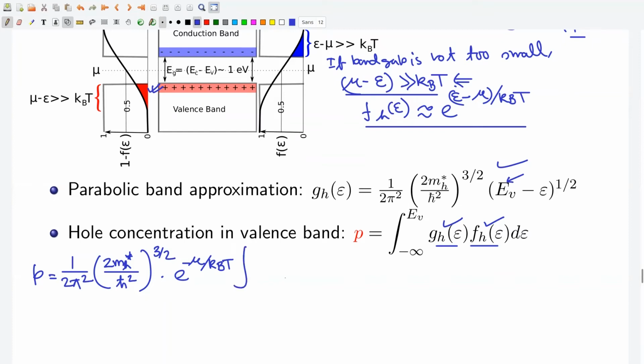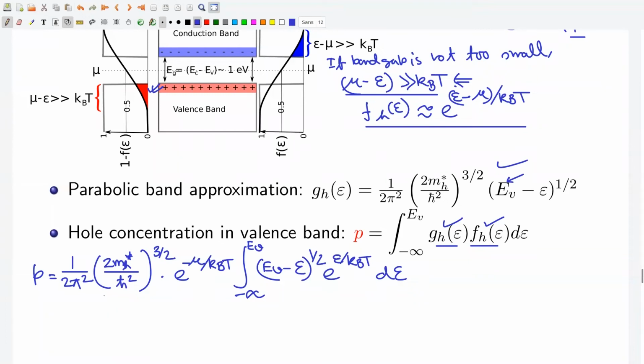Integral minus infinity to EV (EV minus E) whole power half exponential E by kBT dE.